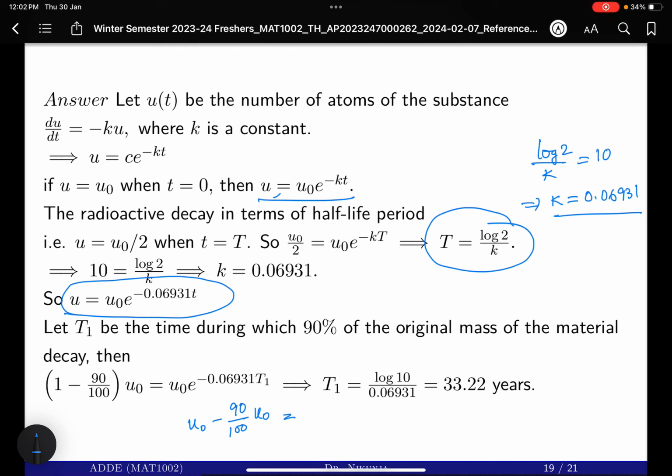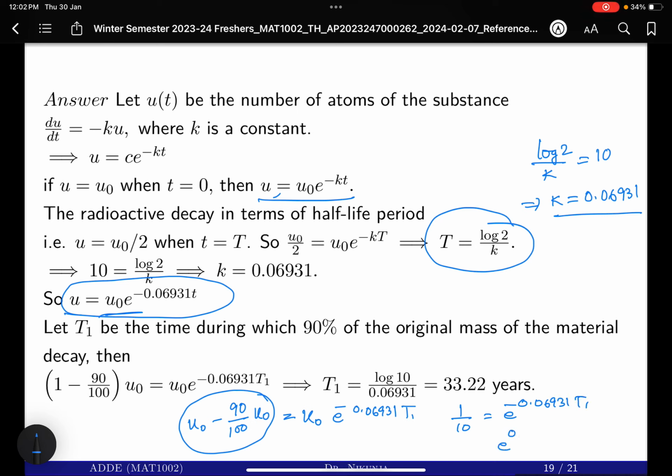That is equal to u0 e power minus 0.06931 T1, suppose capital T1 is the time. Now both sides you can take u0 common, and immediately here you have 10 by 100, that is 1 by 10, equal to e power minus 0.06931 T1.